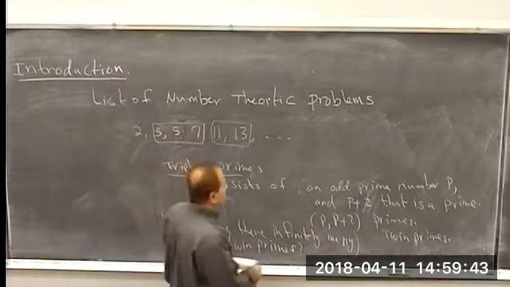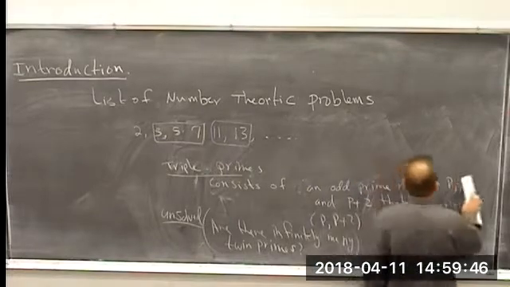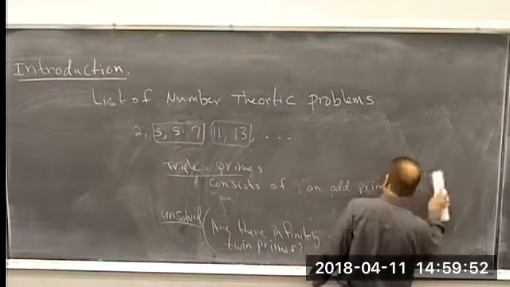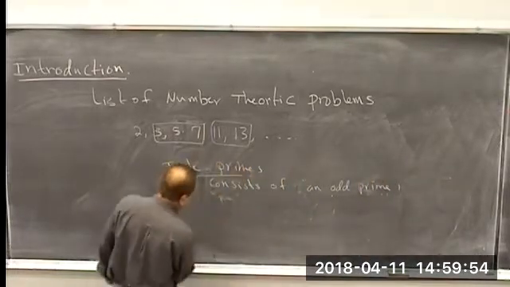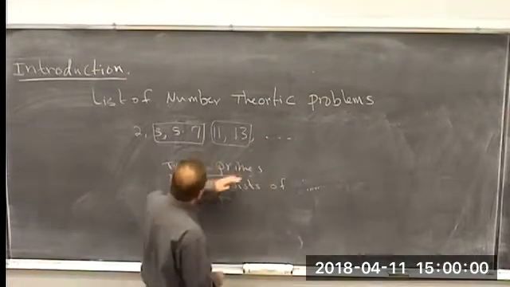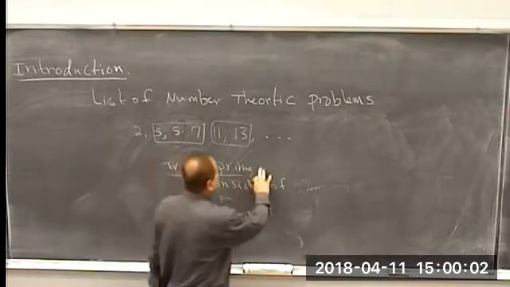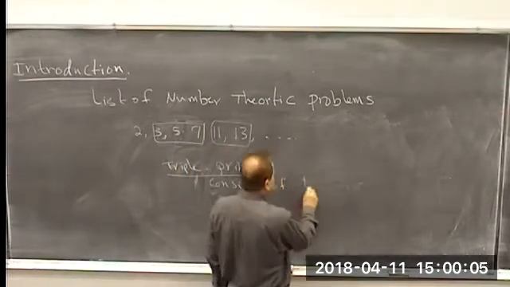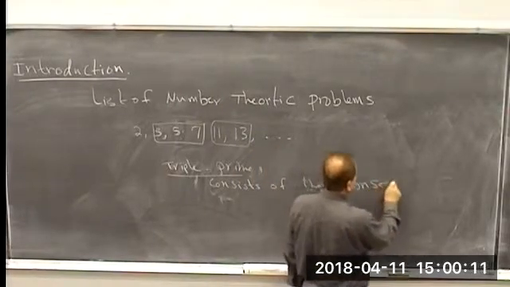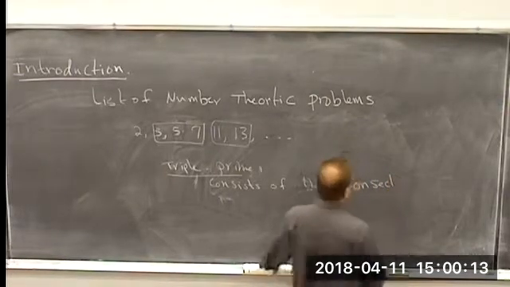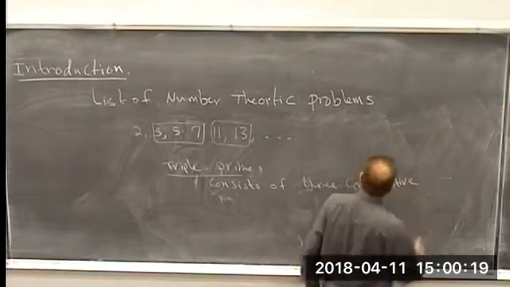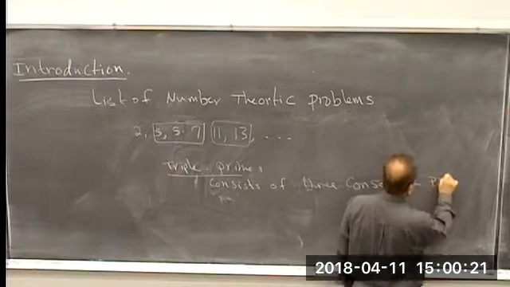So a triple prime consists of 3 consecutive primes.